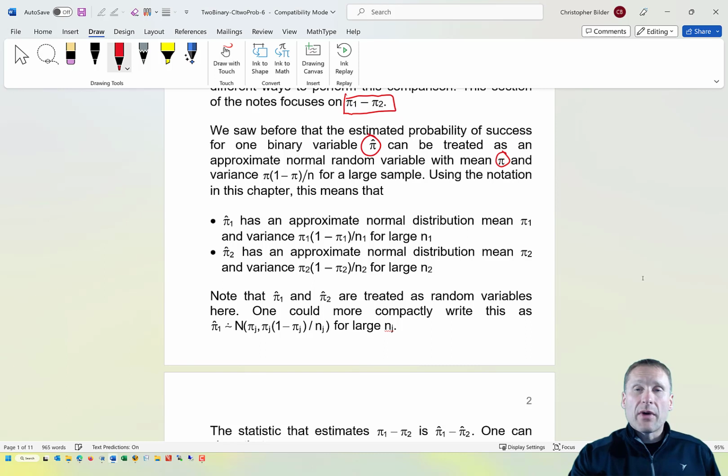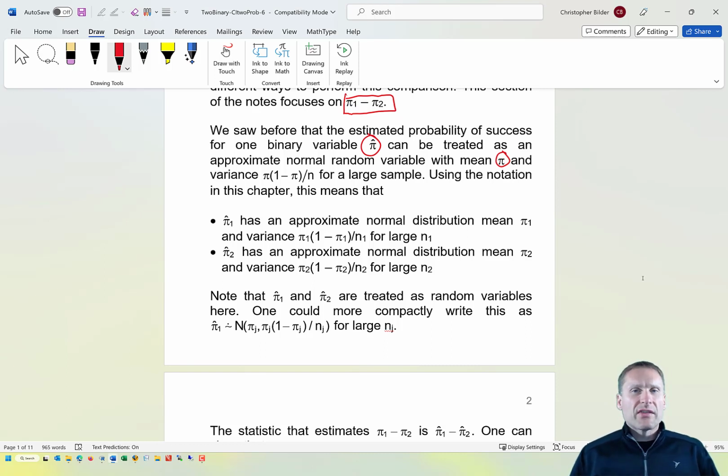It's estimated by its MLE, the maximum likelihood estimator, pi hat. This maximum likelihood estimator, when we think of it as a random variable, has some nice properties. In particular, for a large sample, it has a normal distribution with a mean of pi, what we're trying to estimate, and a variance of pi times 1 minus pi over n, your sample size or the number of trials.